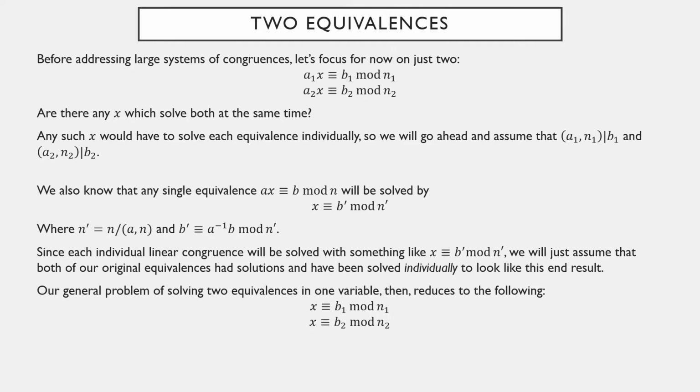We've already done the work of accounting for those coefficients and seeing if solutions even exist. And both of them have now been reduced to x is equivalent to something mod n1 and something mod n2. These would presumably be different b's and different n's from this problem up here, but each line, if it has solutions, can eventually be modified to look basically like this, and we're just assuming we've already done that. To give a nice standard format for our problem, the coefficients on this side are just 1.